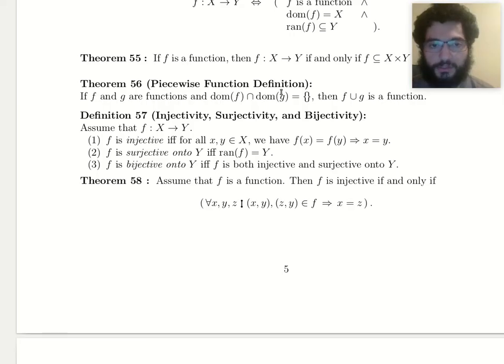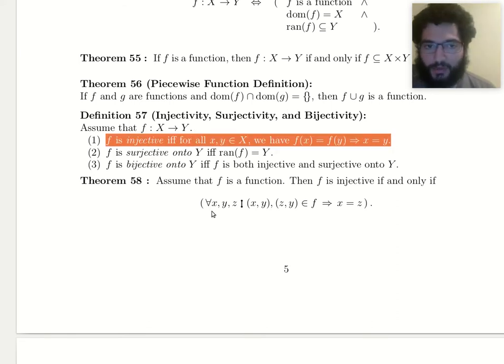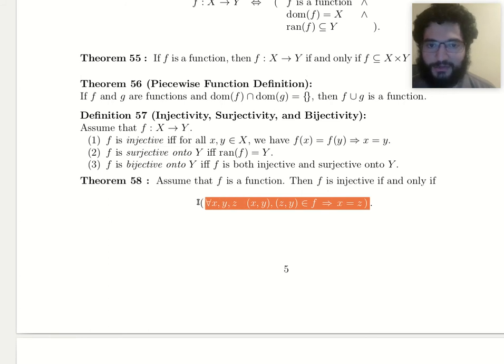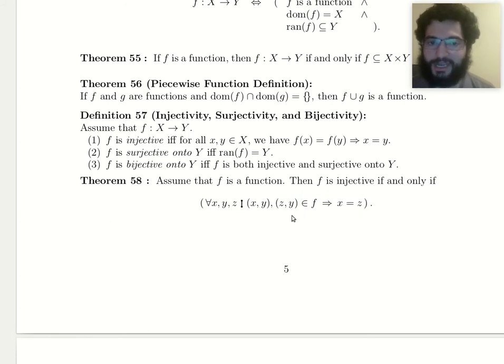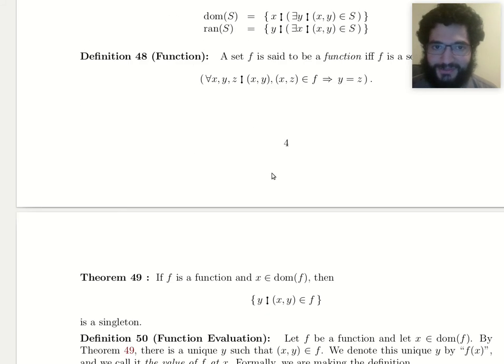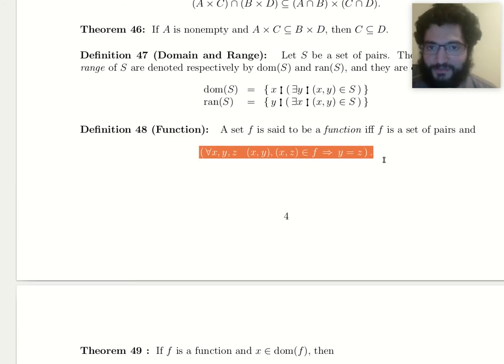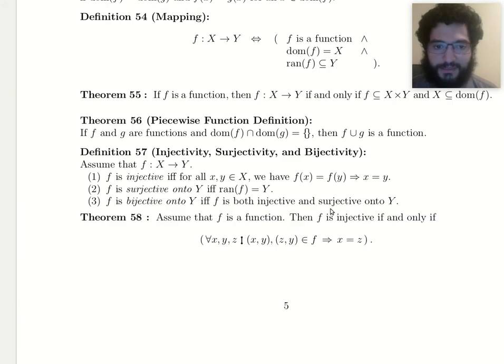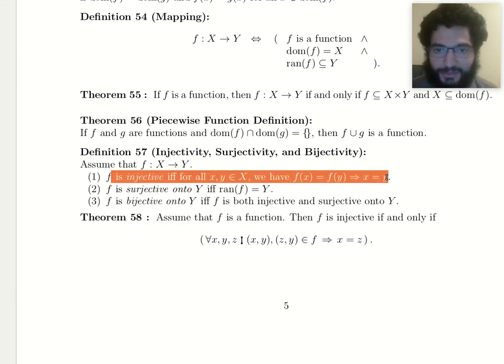In practice, when you're working with the idea of injectivity, like you're trying to prove a function is injective or not, in almost all cases, I would suggest using this directly rather than using this. This is kind of here just to appreciate how similar it looks to our definition of being a function. So this theorem is here to be appreciated, not so much to be used. This is really more useful.